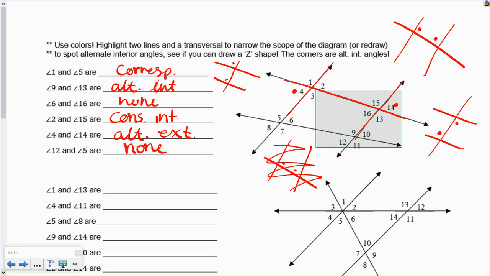Corresponding angles have to be on the same side of the transversal. For corresponding, one's inside, one's outside, but they have to be on the same side. No, because one of them's outside, one of them's inside, so for corresponding, it has to go on the other side. You're going to have one outside, one inside. You have to be on the same side of the transversal. Okay, yes.